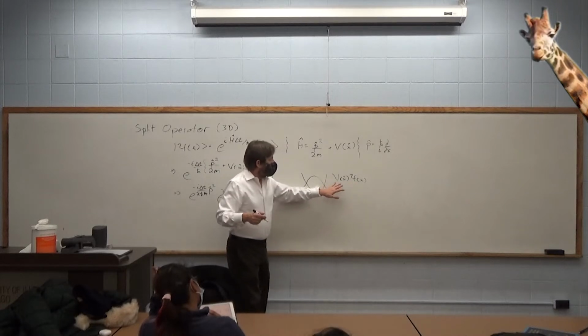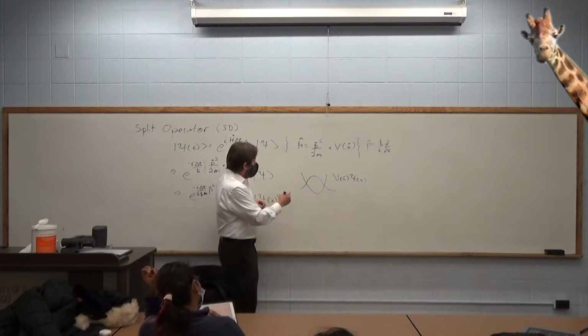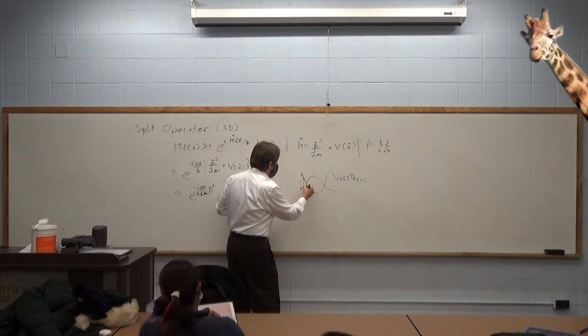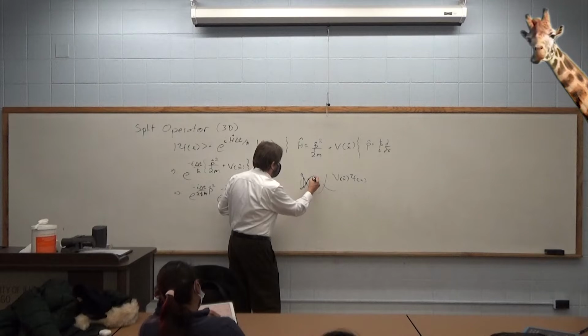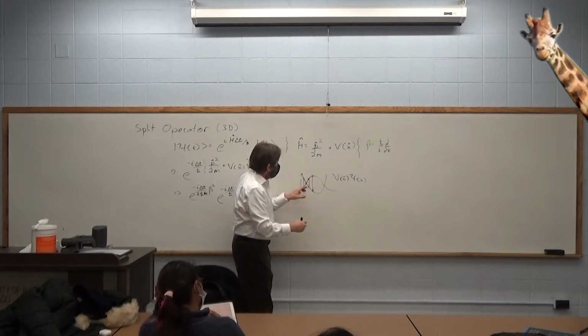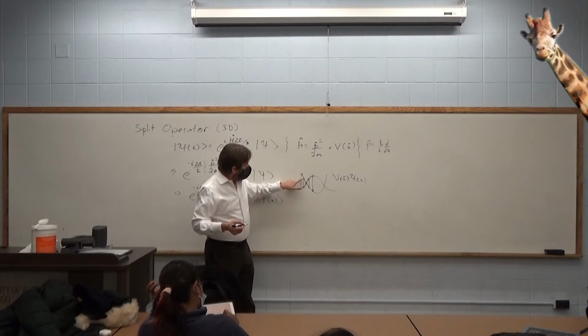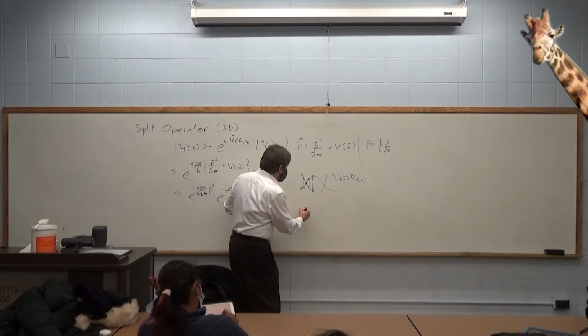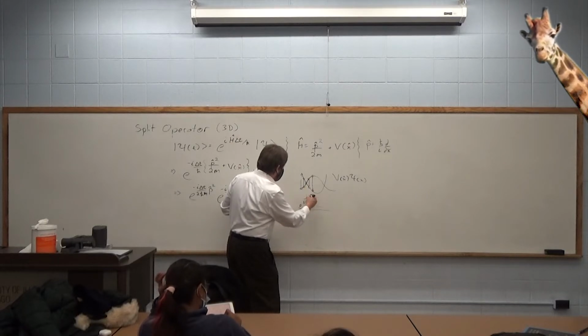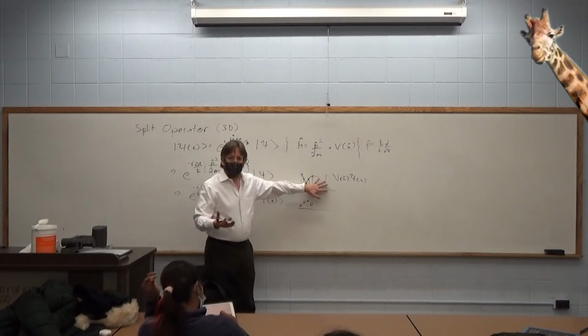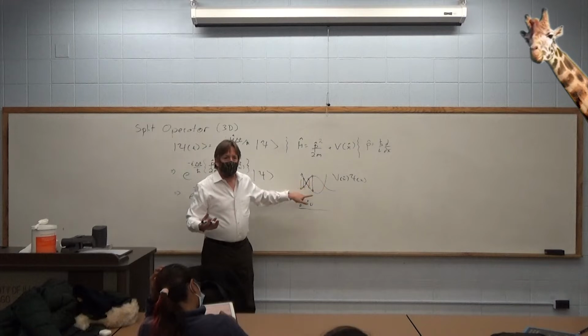Potential times wave function means at every point you're just multiplying the results. You see what I mean? It's kind of funky, but you multiply that by that, and then that goes here. Then you multiply that by that, that goes here. You multiply those two together. Anyway, you see what I mean? You're just multiplying them together across x.